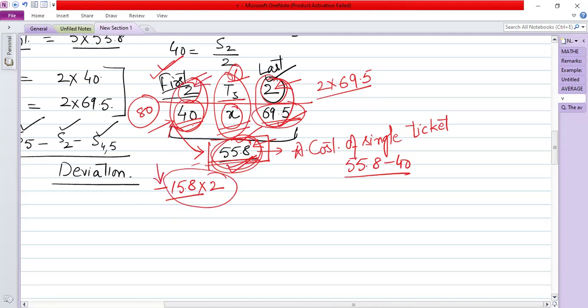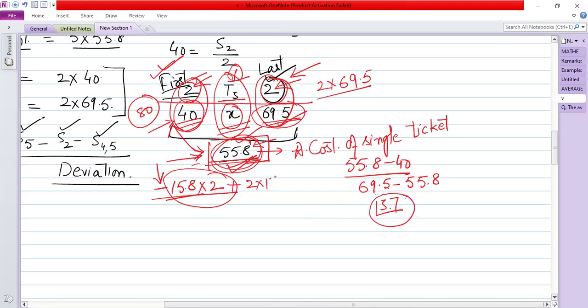They have this much money less than 55.8. And the last two friends have surplus money, more money. What is that more money? It is 69.5 minus 55.8, which is 13.7.